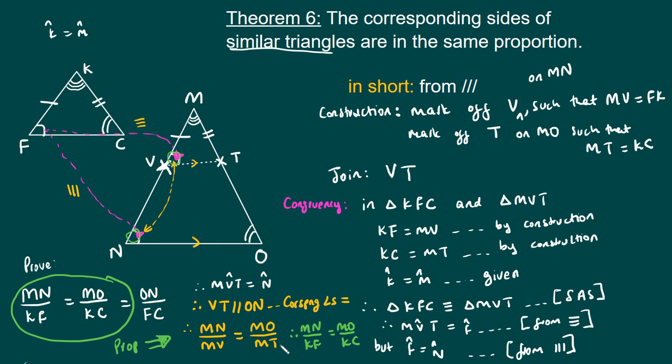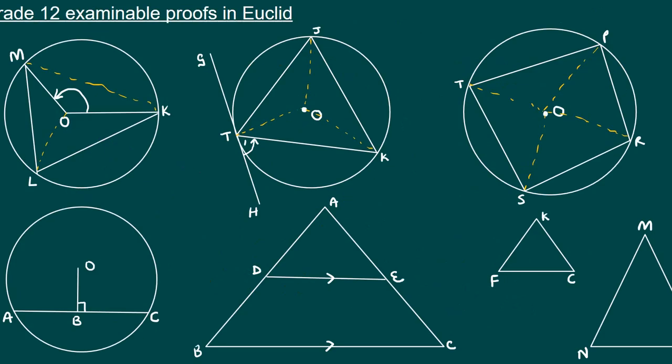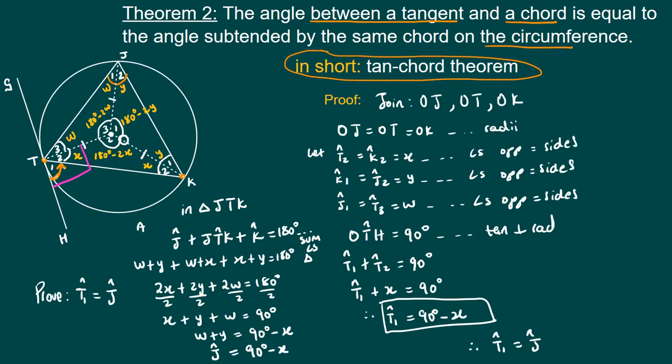Good. So those are your theorems, guys. 6 of them. At first I didn't think we'd cover them, but yeah, those are your theorems, guys. 6 of them in terms of applying them, and then you must know how to just prove them, right?